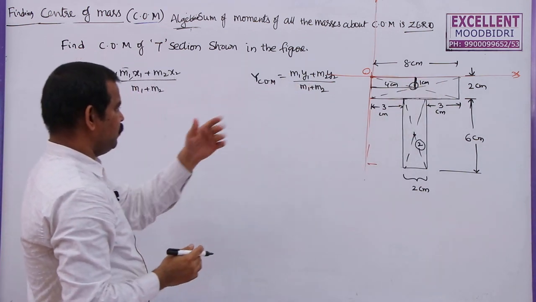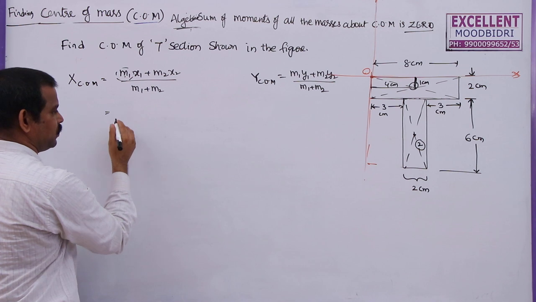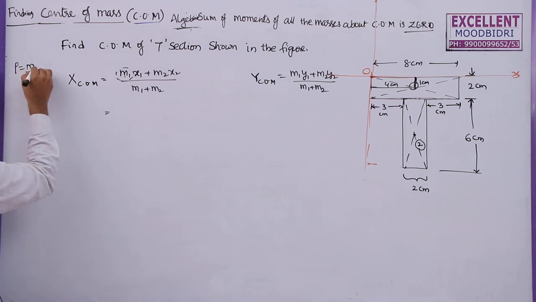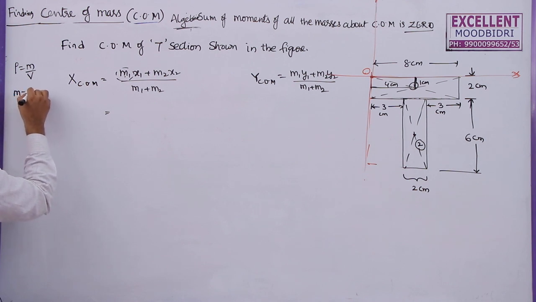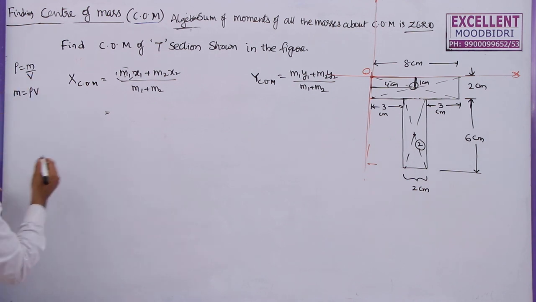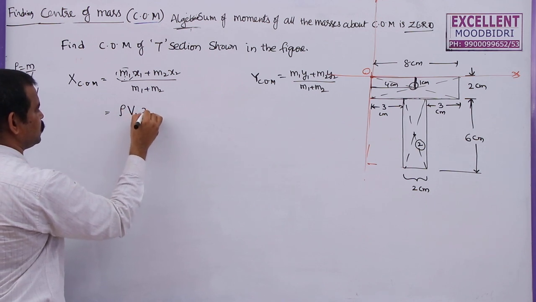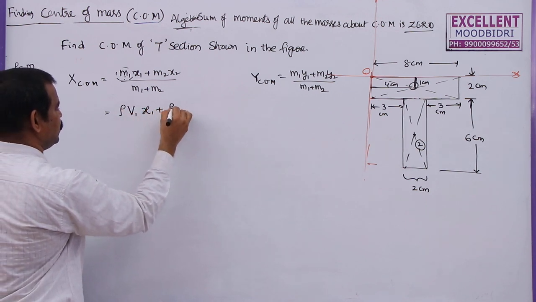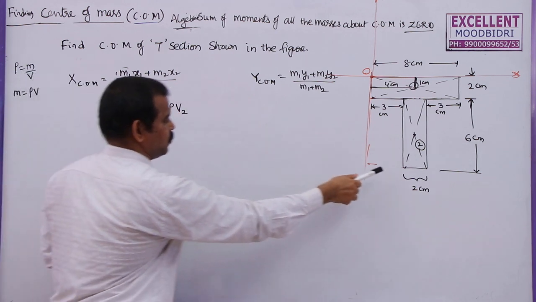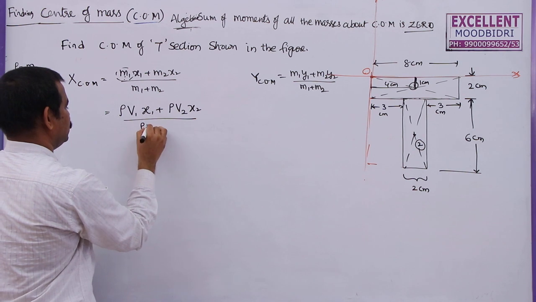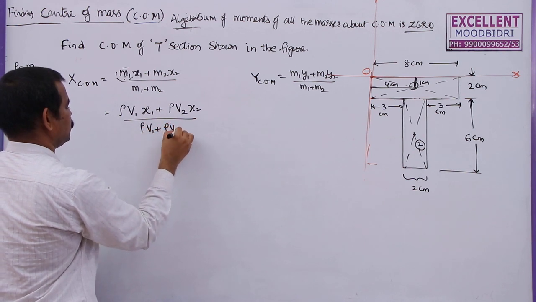Now the mass of this one is not given, but we can write density is equal to mass by volume, or mass is equal to density into volume. So in place of M1 I am writing density into volume of the first part into x1 plus density into volume of the second part into x2, by density into volume of the first part plus density into volume of the second part.